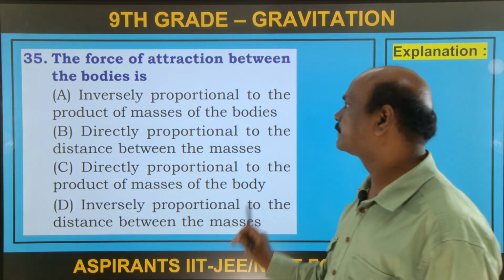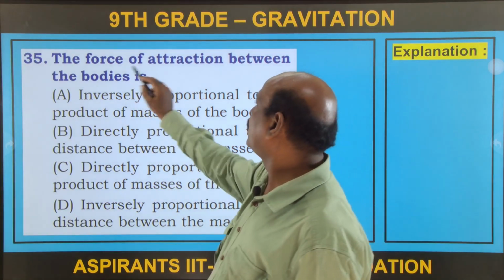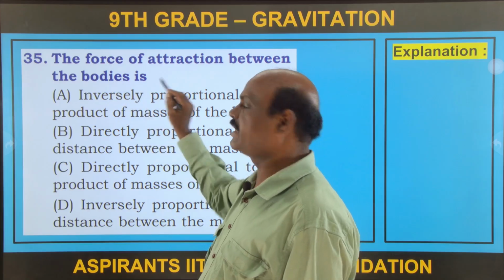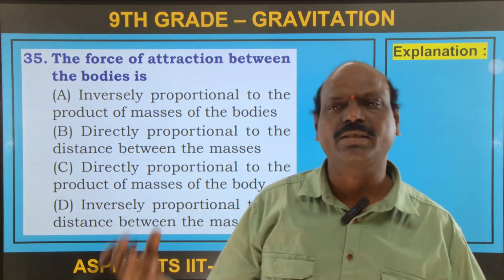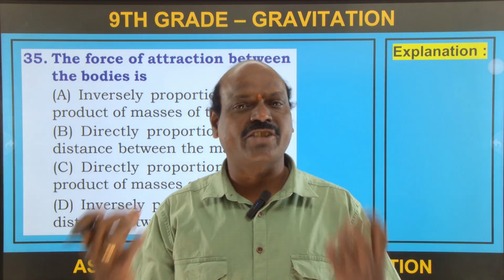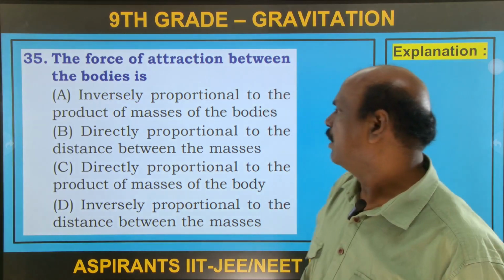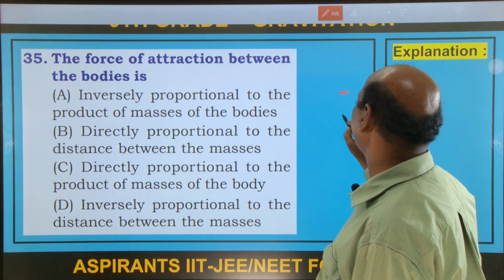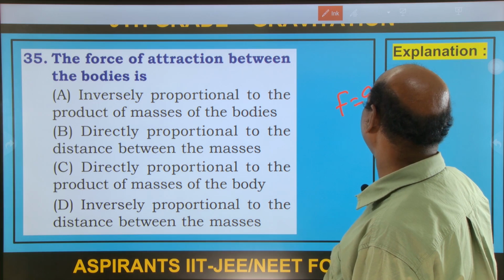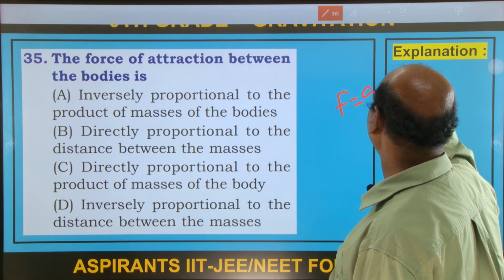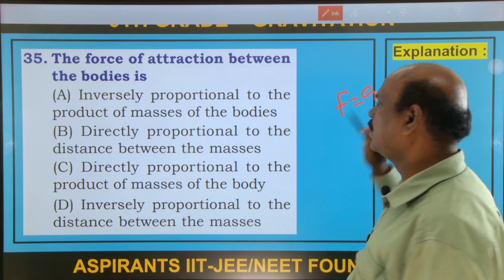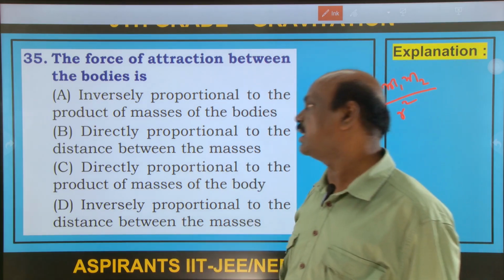Next question. The force of attraction between the bodies is, meaning if you take two bodies, the force of attraction, as already we know, we have a formula. What is that formula? We generally take F is equal to G into M1 M2 by R square. So with this we can tell these answers.